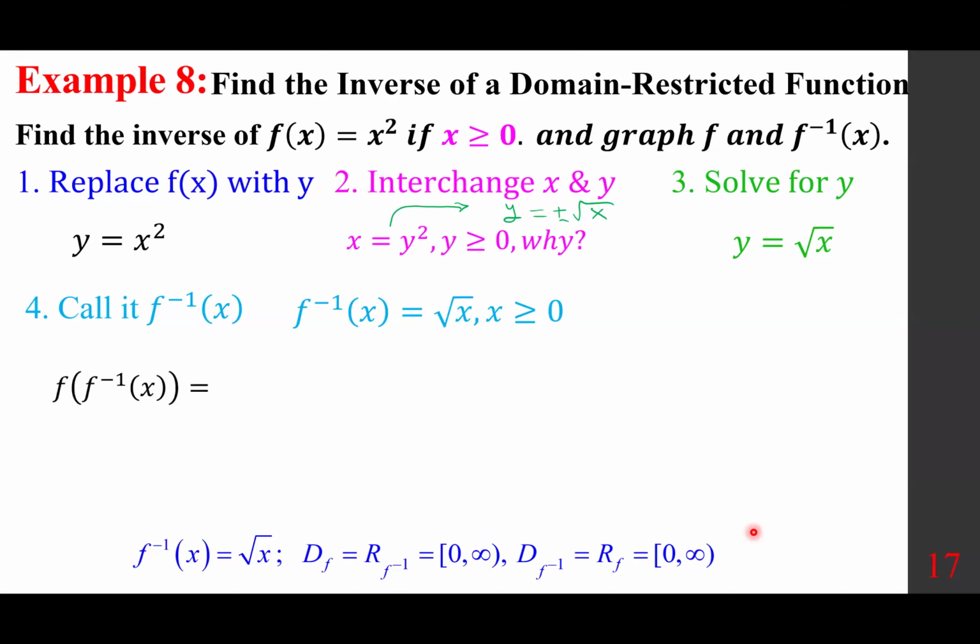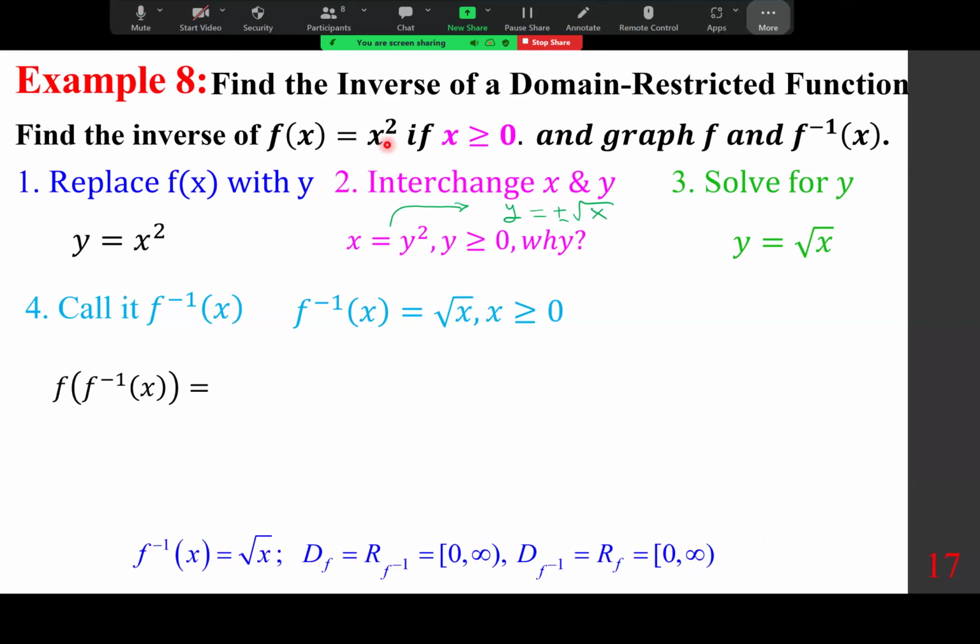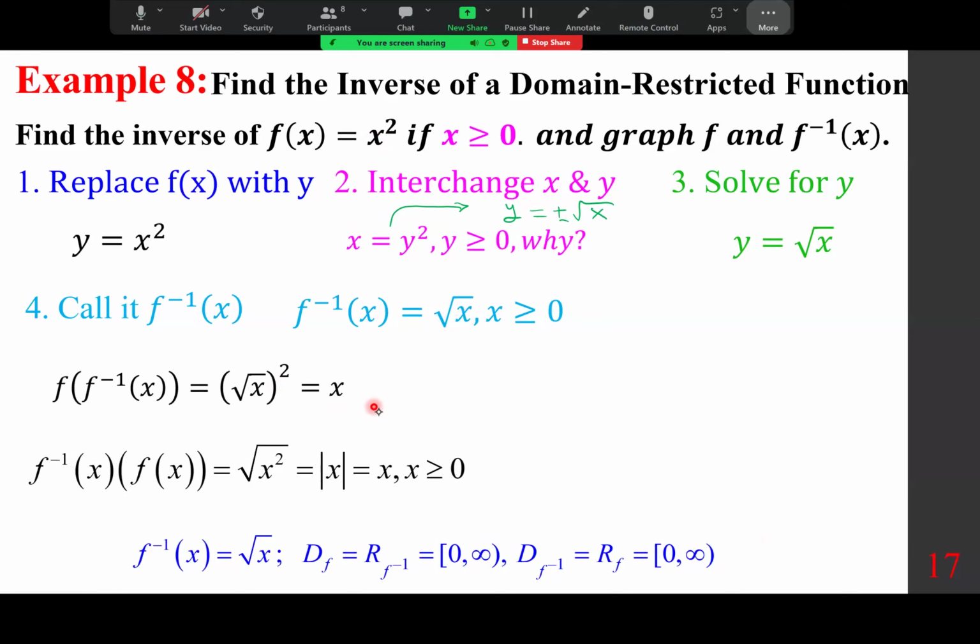So f of f inverse, we are going to replace the x here with square root of x, and when you square it, you get x. How about f inverse of f of x? That is square root of x squared, because you are going to replace this x with x squared. Now, square root of x squared is equal to absolute value of x.